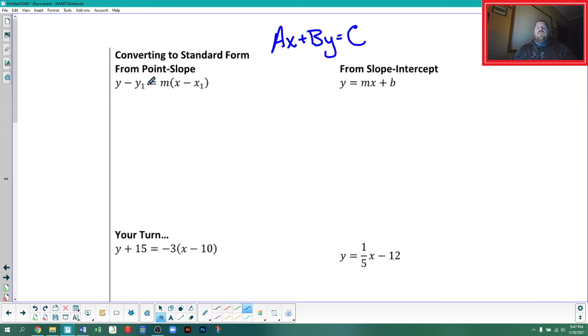So from point slope form, my main goal is to move x to the side that has y. And then we'll do that first and then see what we can do from there. But I'm going to start by distributing. So y minus y1 equals mx minus mx1.